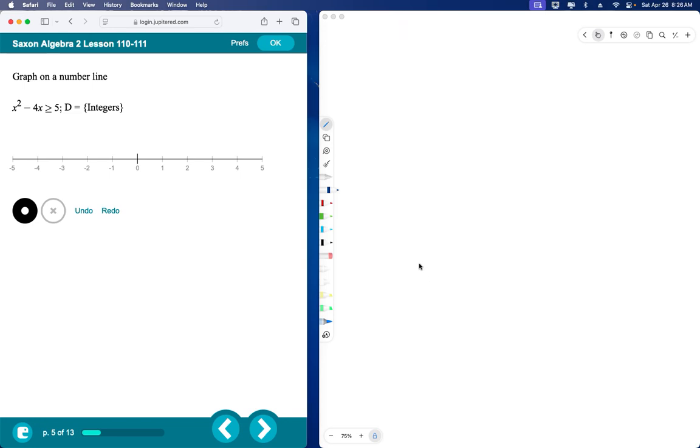That'd be great. So all I need to do here is subtract 5 from both sides. And then I'm going to factor. That would be x minus 5, x plus 1 greater than or equal to 0.